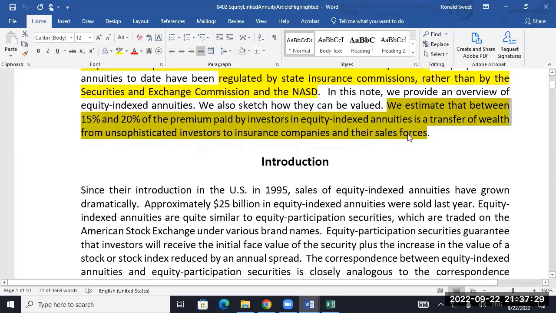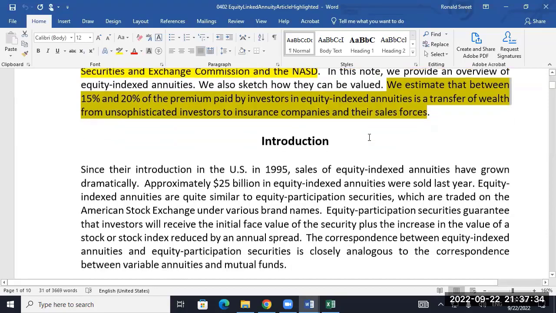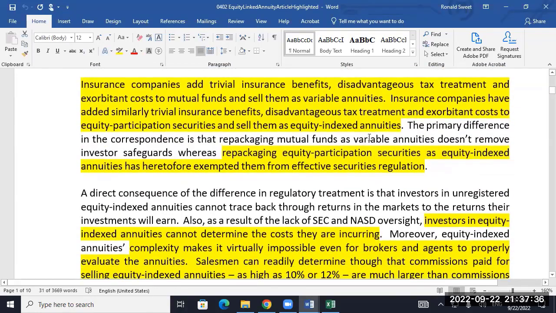So you can see they come right out front. They don't like this product. They think it's a transfer of wealth. Insurance companies add trivial insurance benefits. We'll talk about how trivial they are in a major market downside, as well as disadvantageous tax treatment. We'll talk about those in this article. And exorbitant costs.